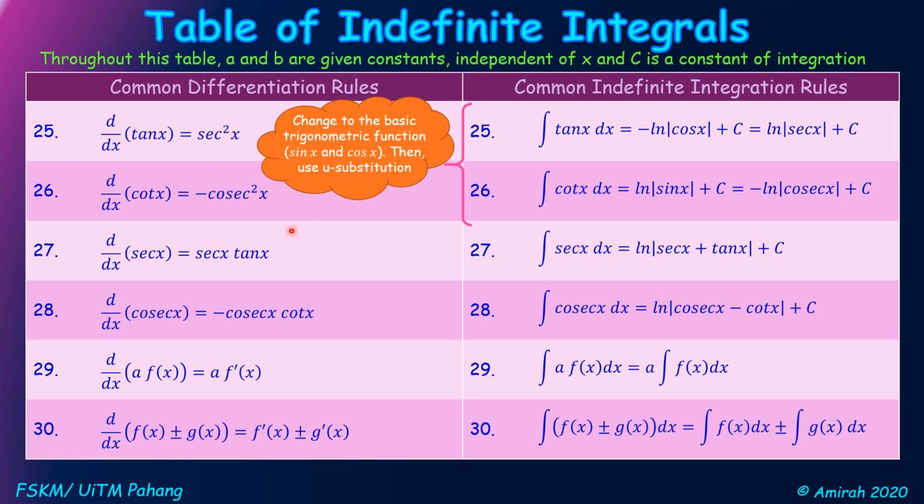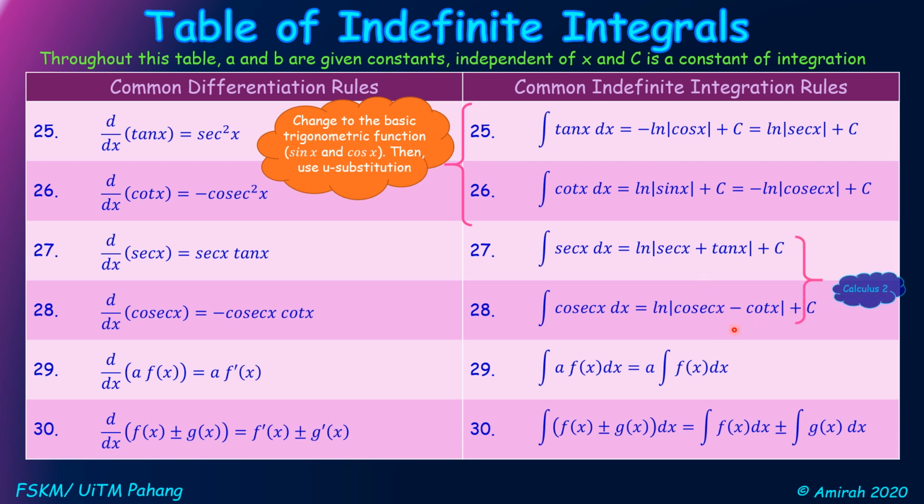And then when we differentiate sec x, we have sec x tangent x, but under integration, when we integrate sec x, we will get ln sec x plus tangent x plus c. When we differentiate cosec x, we have negative cosec x cot x, and when we integrate cosec x dx, we will have ln cosec x minus cot x plus c.